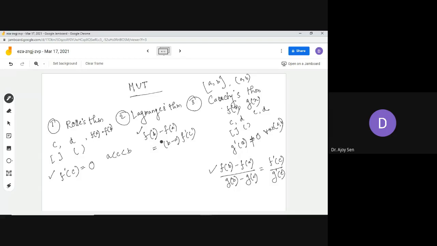From such a conclusion you have to calculate the value of c, and check whether c is really lying between a and b. If this happens, then Lagrange's theorem is verified.